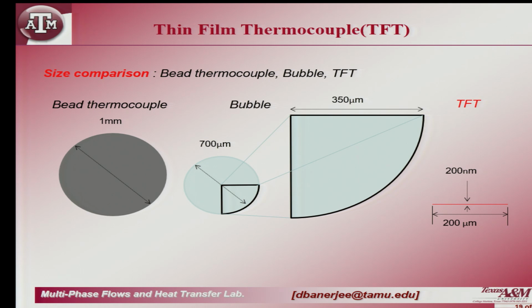Okay. And then if I take a quarter of this bubble, that is how it will look, about 350 microns radius, and we decided to make nano thermocouples which are about 100 to 200 nanometers thick and about 200 microns in width. And our thought process was something like this should not affect a bubble this size, and later on we found that we had made a mistaken assumption. Okay, we will see as we look at the results.